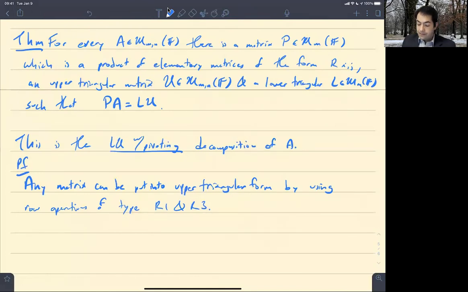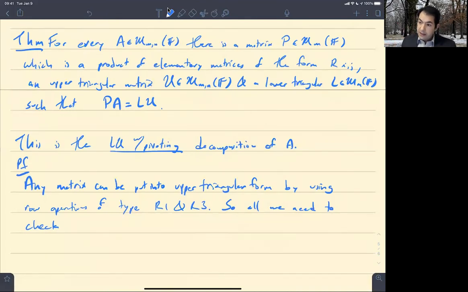And so then you can continue the algorithm. So if you're allowed to use operations R1 and R3, then you can always get to upper triangular. Now the question is, can you do all of the row switching first and then use all of the R1 operations with always just going down?